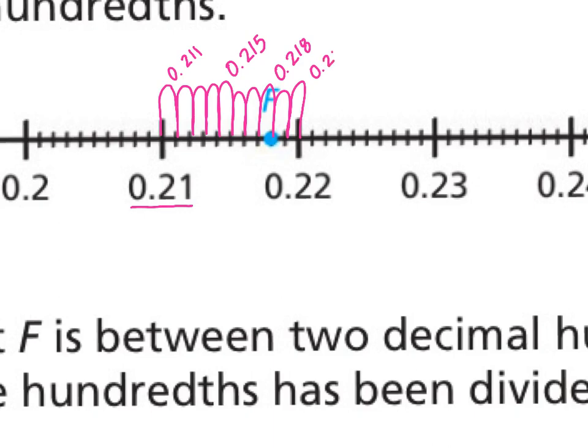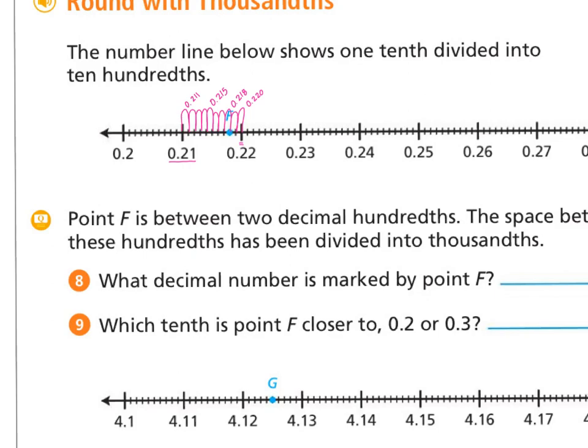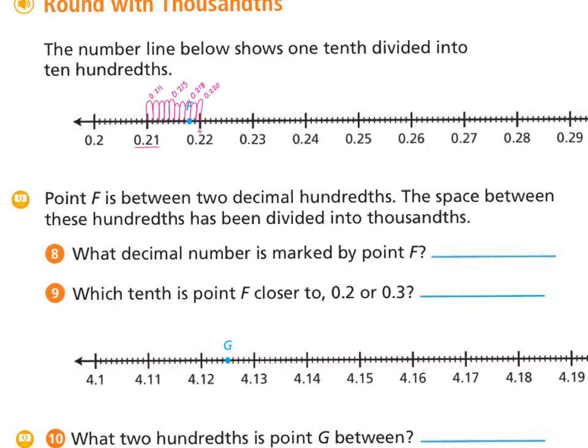Now I can see that 220 is equivalent to 22 hundredths. So 220 thousandths is the same as 22 hundredths. So if you guys got this correct, point F would have been at 0 and 218 thousandths. Now they want to know which tenth it is closer to.